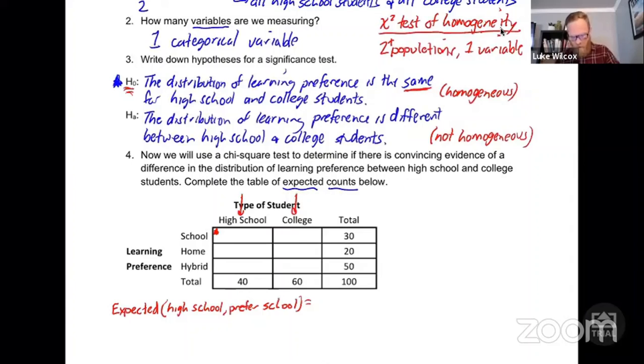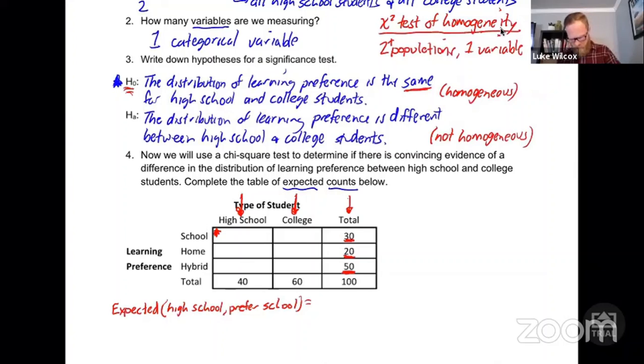Well, I know based on the totals what that distribution should look like. It should be 30%, 20%, 50%, right? Because that's out of 100. So that's very easy. 30% should be those that prefer school, 20% should prefer home, and 50% prefer hybrid for both groups of students, right? So in this first position here, we know 30% of those high school students would prefer school.